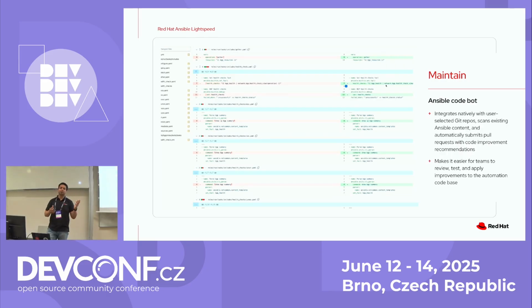Or let's say if you're using any role or collection from community, you just define copy, and then you define the tasks beneath it. But the proper way is you should define community dot and so on, with the proper namespace. This is where this particular CodeBot helps you to identify these things and to remediate it and to do it for you, so that you can relax, innovate, and do whatever you want.